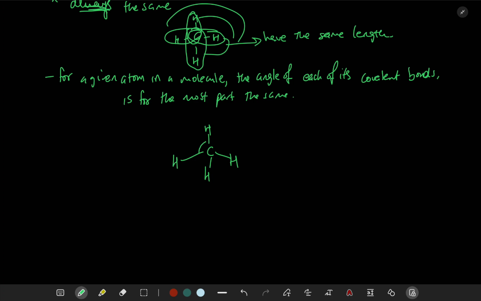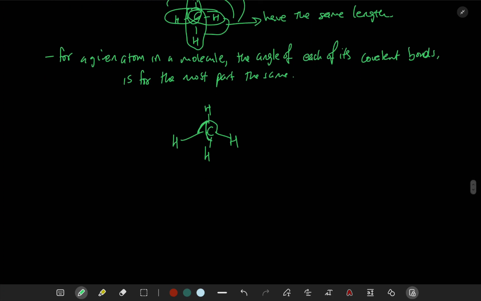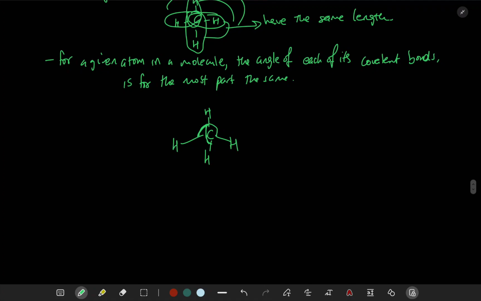So again, for a given atom in a molecule, the angle of each of its covalent bonds with respect to the other bonds is for the most part the same. So in a molecule, this bond angle is not going to change, just as much as this hydrogen-carbon-hydrogen bond right here. These are all going to remain the same. They're not going to change.